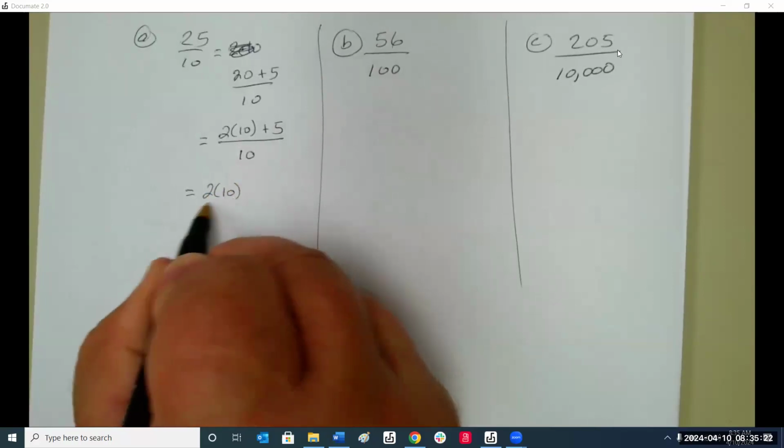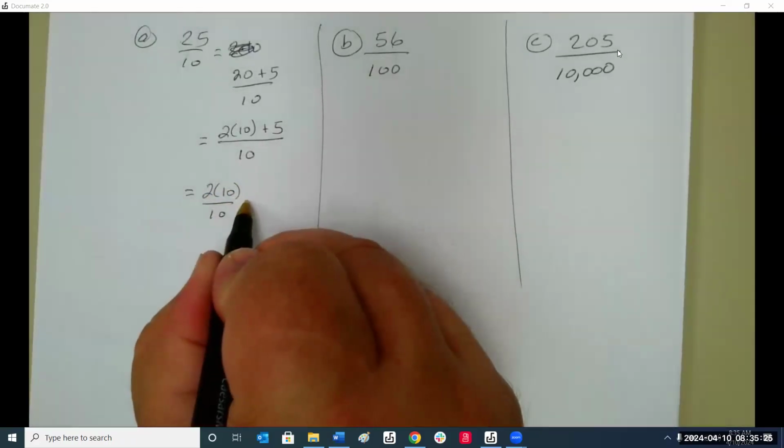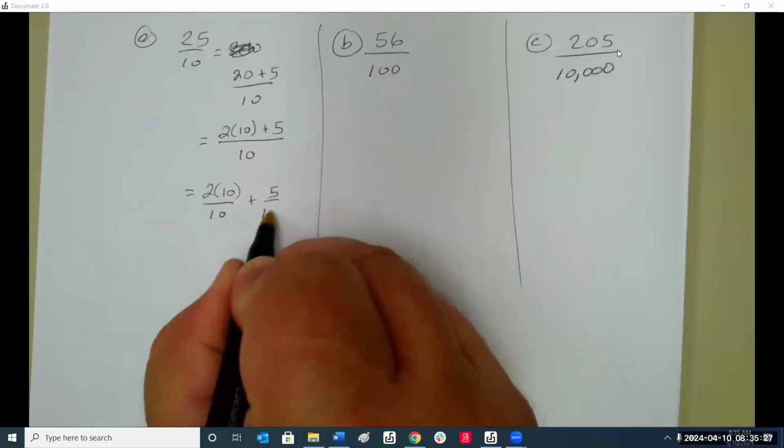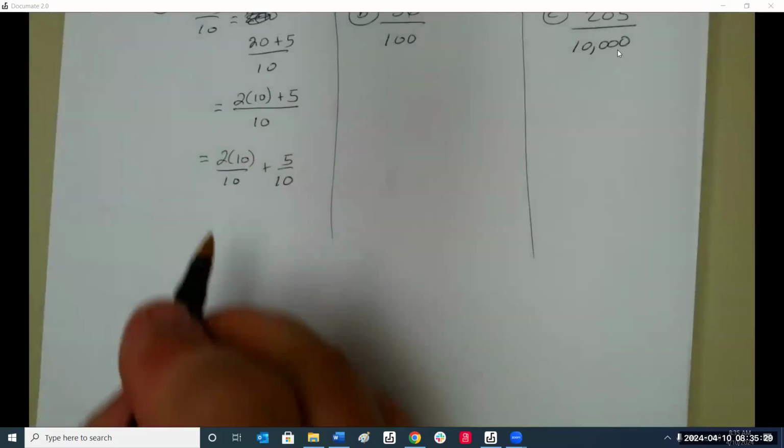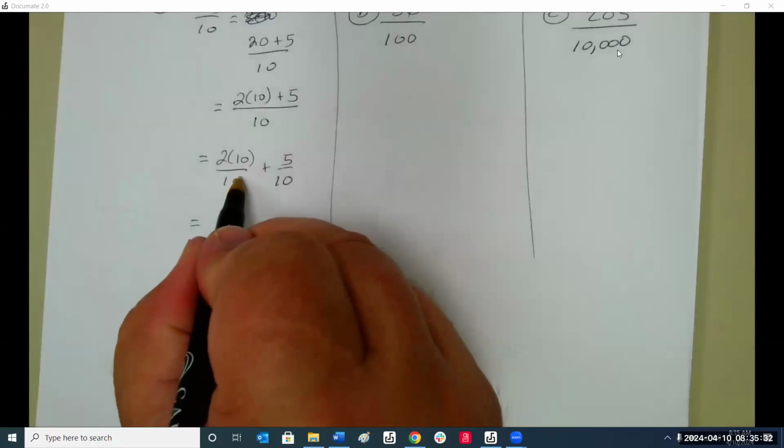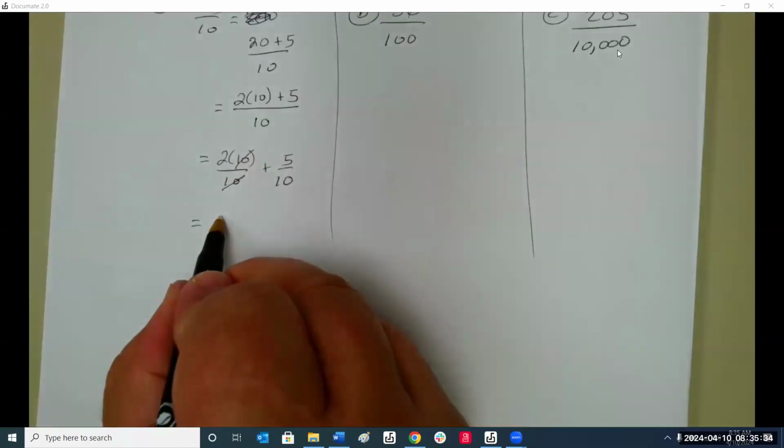We can split them up now: 2 times 10 over 10 plus 5 over 10. The 10s cancel.